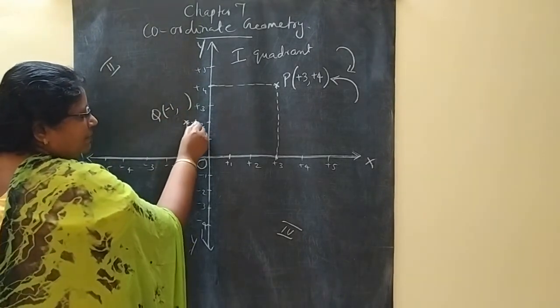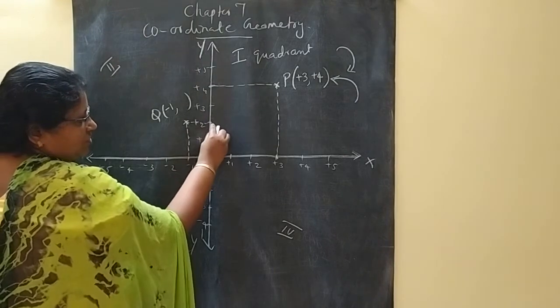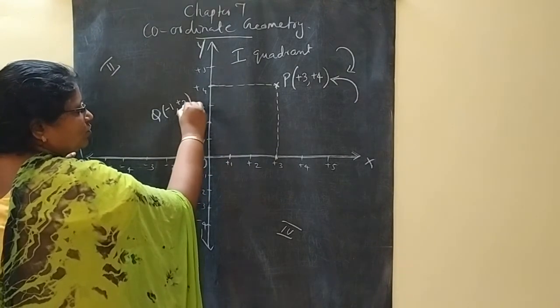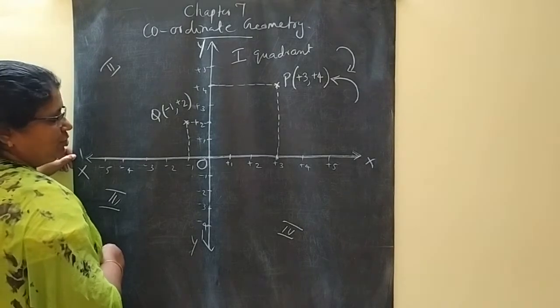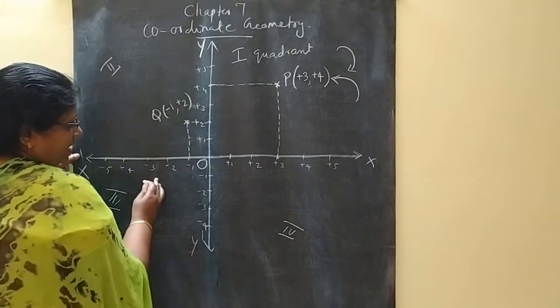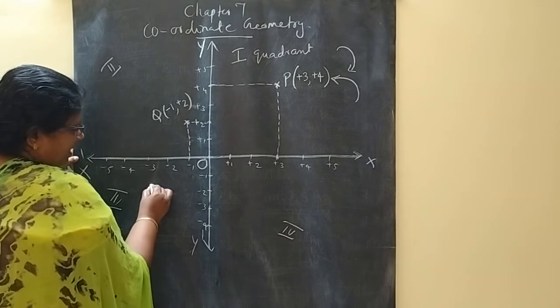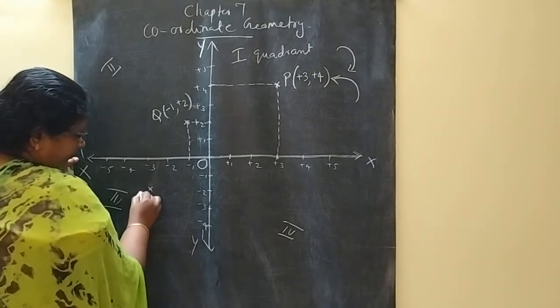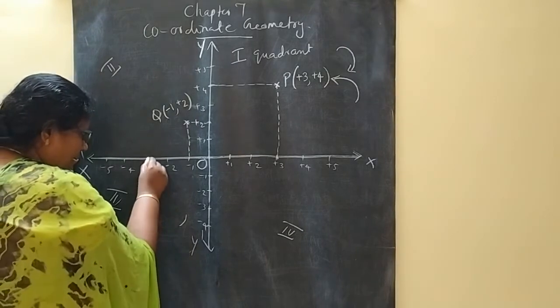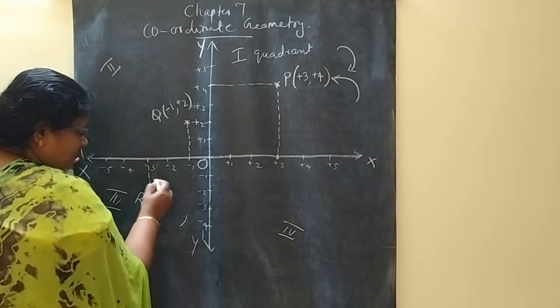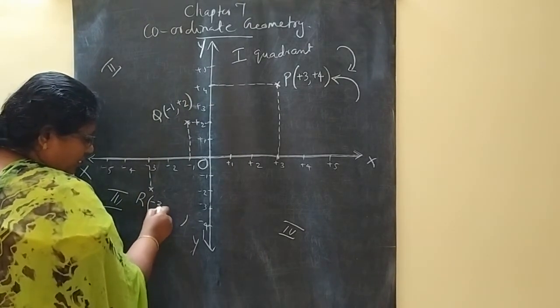Then draw a perpendicular to the y-axis, it intersected +2. So Q is -1, +2. Then I am marking a point here, R. For finding the point, draw a perpendicular to the x-axis, it is -3.